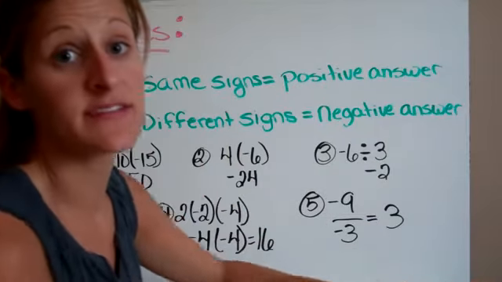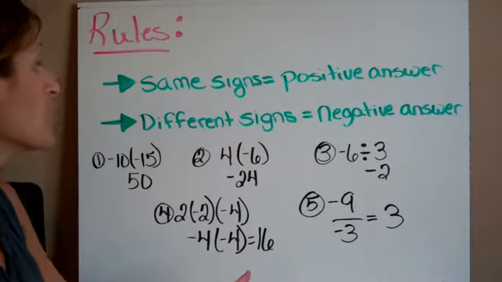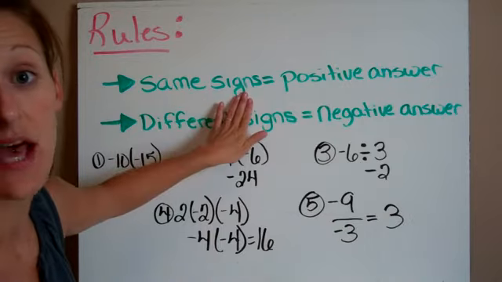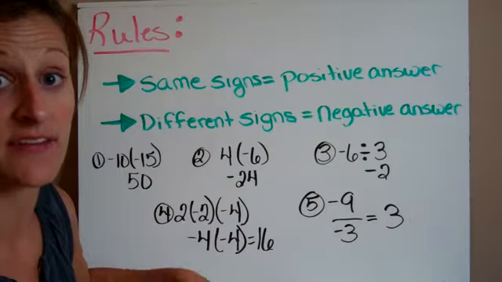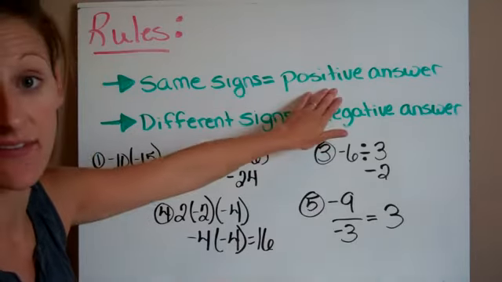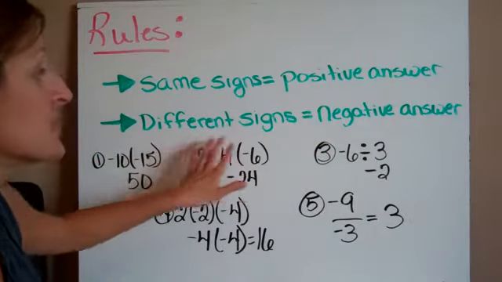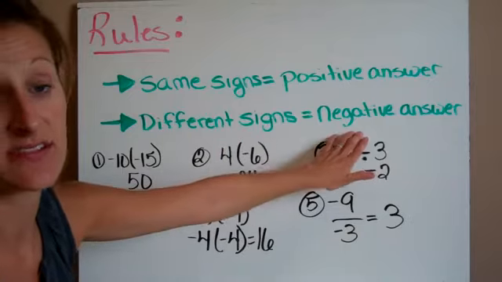Alright, when multiplying and dividing real numbers, what we need to remember is, if they are the same signs, like 2 positives or 2 negatives, then you're always going to have a positive answer. Now if they're different signs, you're going to have a negative answer.